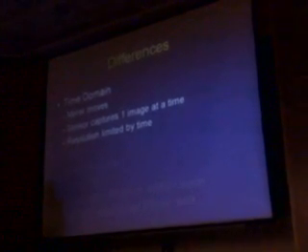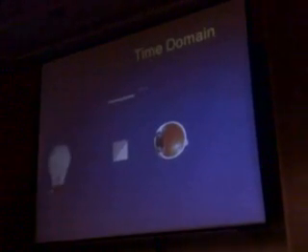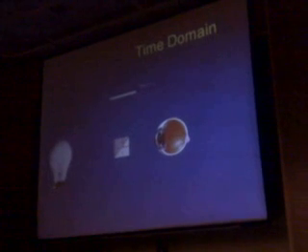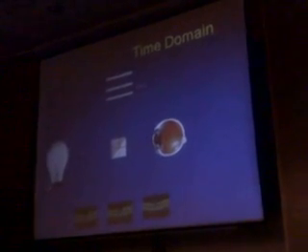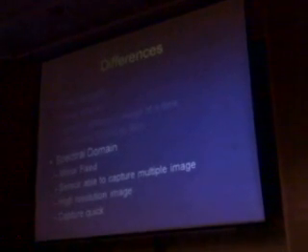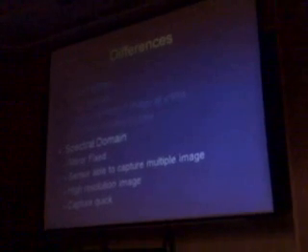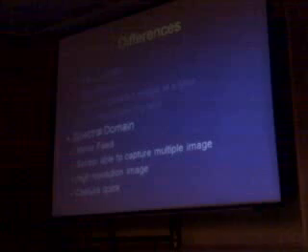You have to take one picture, then another, and then another. Whereas in spectral domain, the mirror is fixed, and the sensor is able to capture multiple images, giving higher resolution and quick capture time.